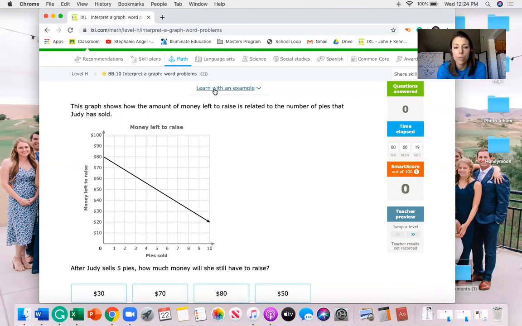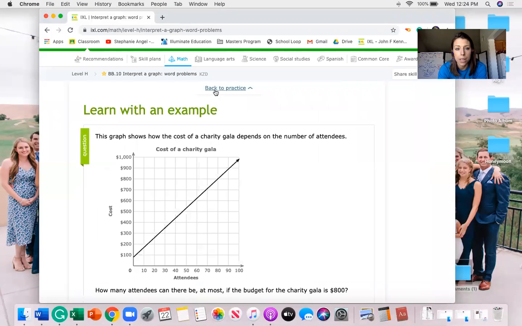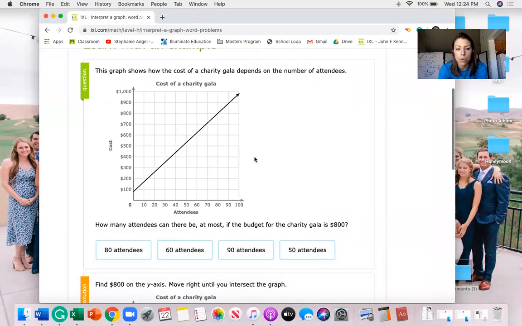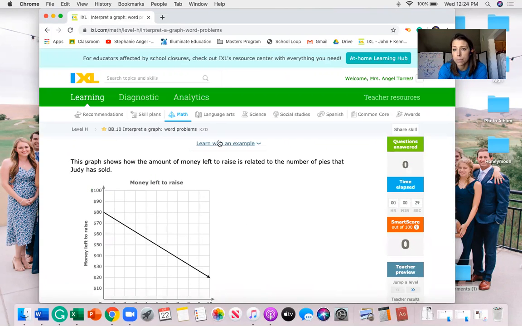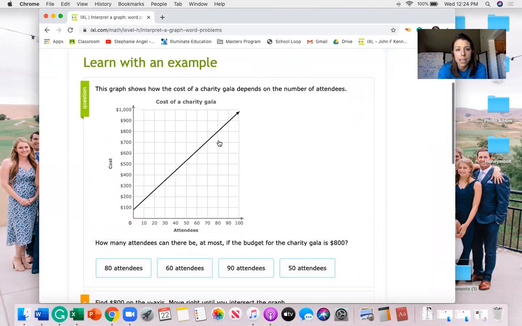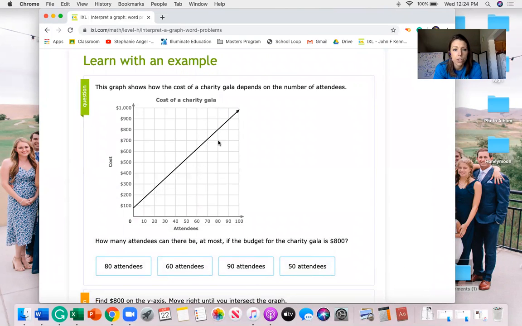By the way, I don't know if you've ever seen this before, but you can always learn with an example. If you read through the example, it will kind of teach you how to do that problem, and then you can always click away from it to go back to the practice. So if we're looking at the example here, it says this graph shows how the cost of a charity gala depends on the number of attendees.